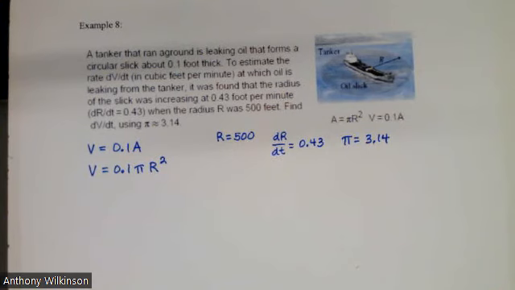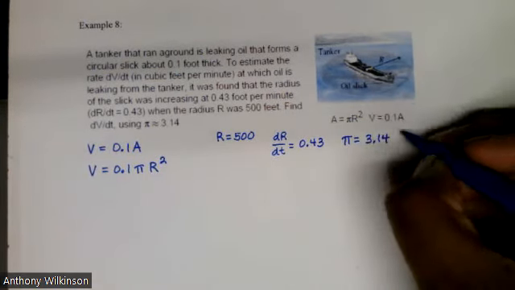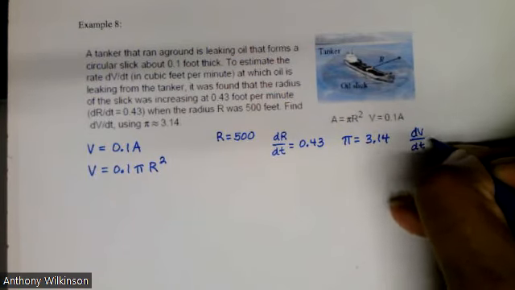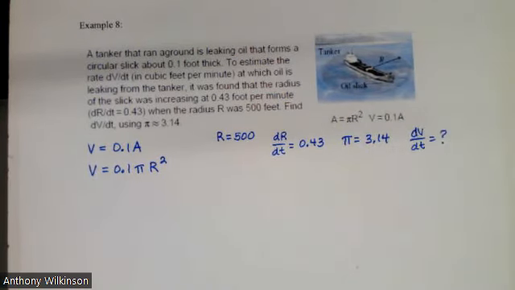And we're trying to find dV/dt. So that's pretty much straightforward right there. They're giving you these values here. They're giving you dr/dt. So all we need to do is find out what dV/dt is, the change in the volume with respect to time.